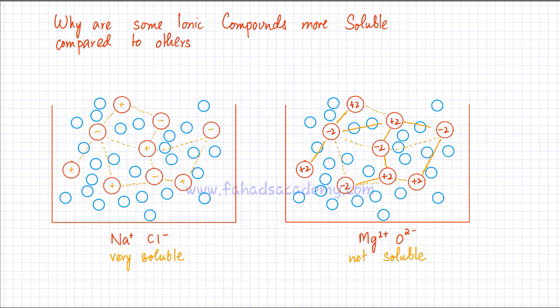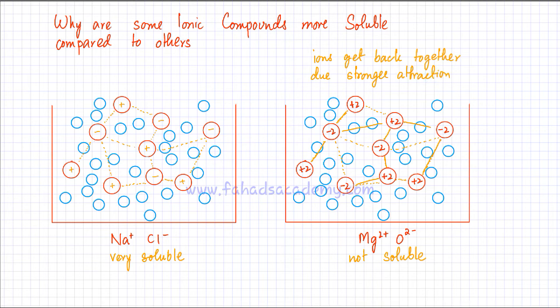So here the chances of the crystal reforming, the ionic lattice reforming, are much greater. The ions will get back together due to stronger attraction and form the lattice back again.